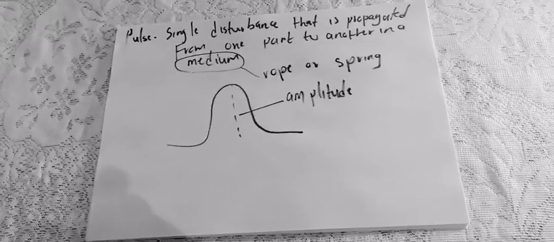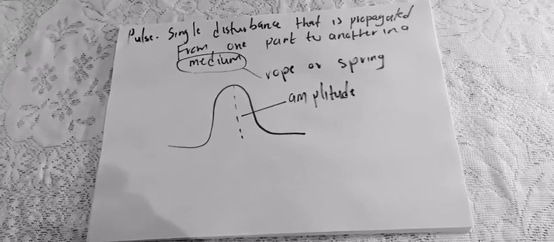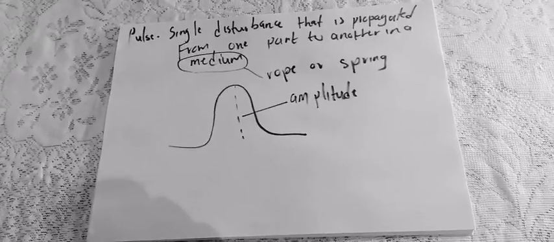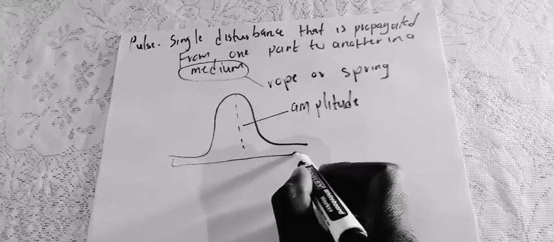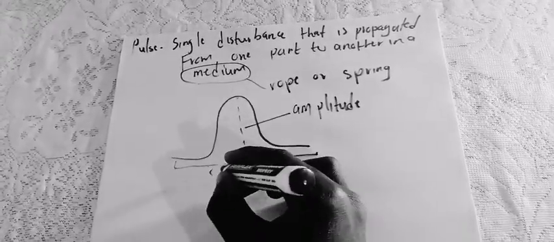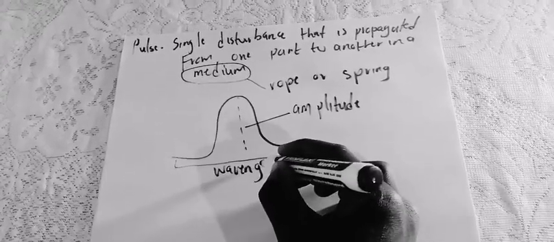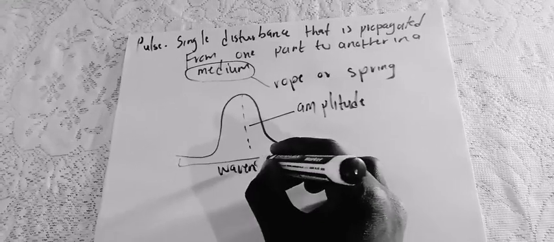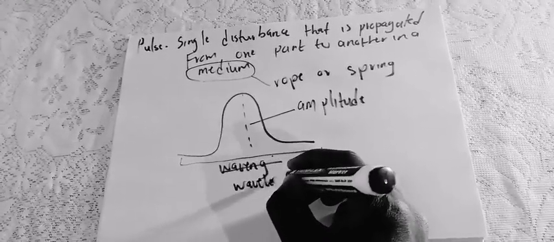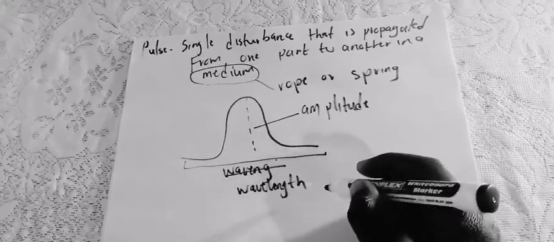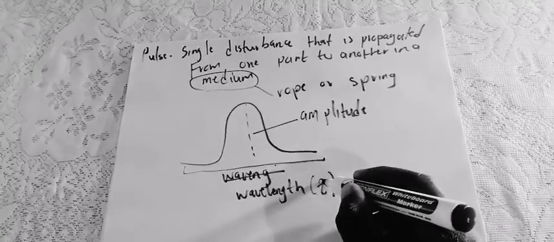It is very important for you to know that we only have two terms, and from this point to that point there, this is known as the wavelength of a pulse. Its symbol is the lambda.